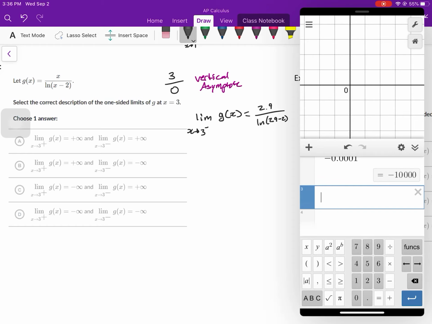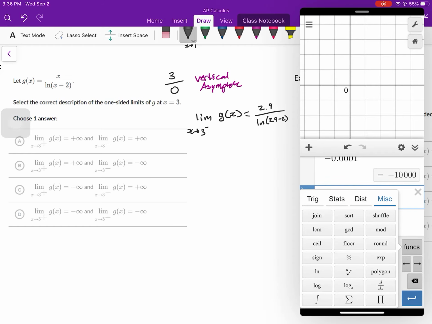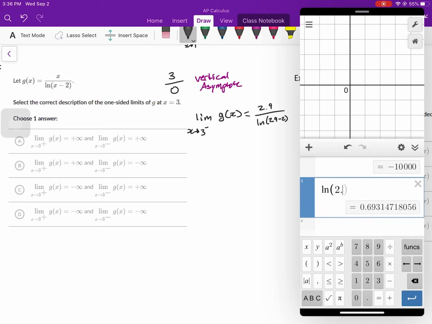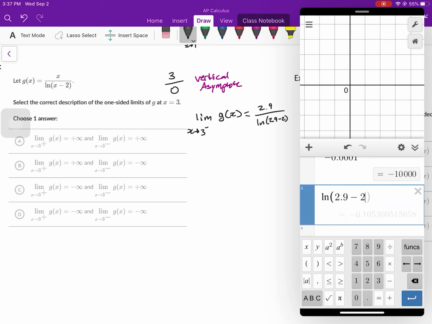And if you need to, you can use a calculator for natural log of 2.9. Minus 2, right? And I get a negative. So it's a positive over a negative, which is going to go to negative infinity.